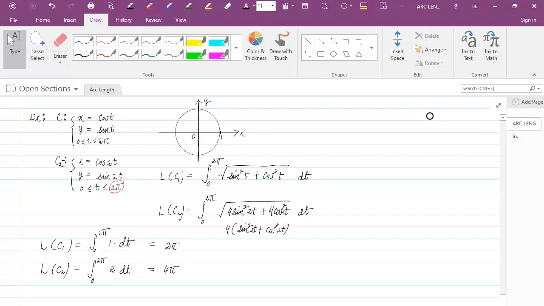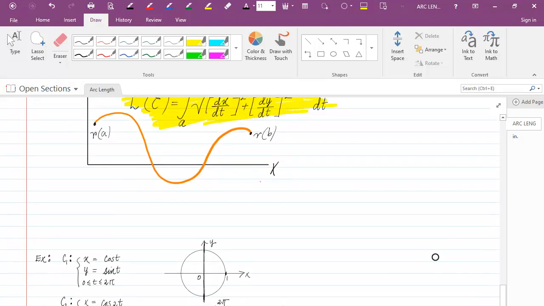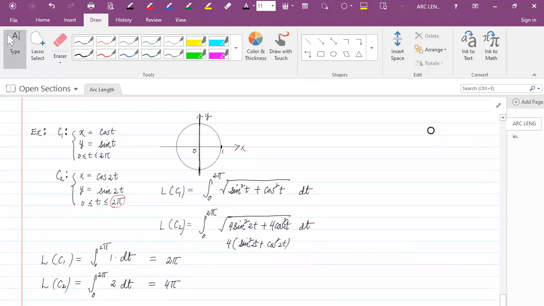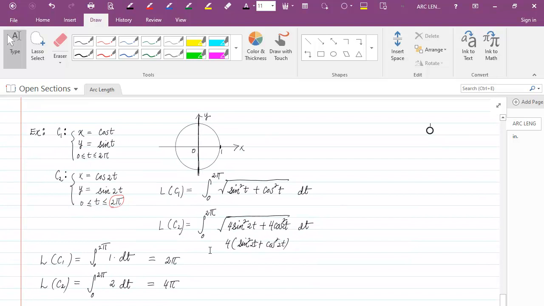Now if I look at the length of C2, and if I apply this formula right here, then I would be writing the integral from 0 to 2 pi of the square root of dx/dt squared. So dx/dt here would be negative 2 sine 2t, and if I square that, I get 4 sine squared 2t, and then plus dy/dt squared.